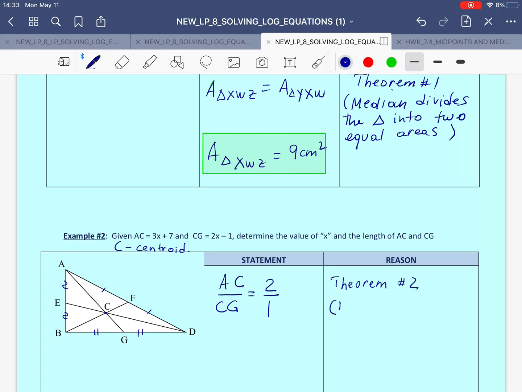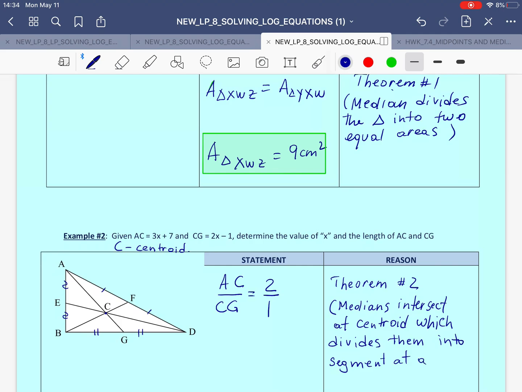Medians intersect at centroid, which divides them into segments at a ratio 2 to 1.